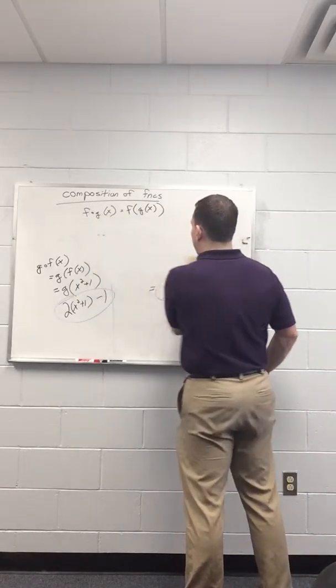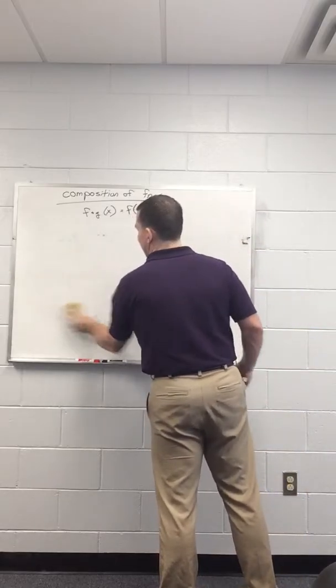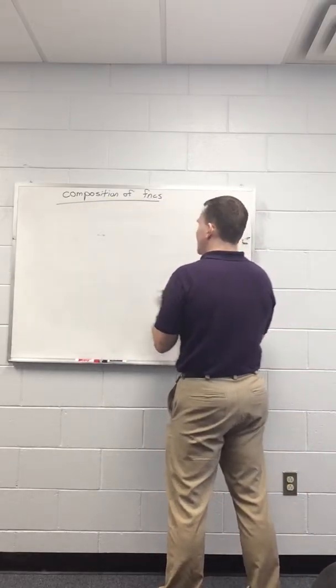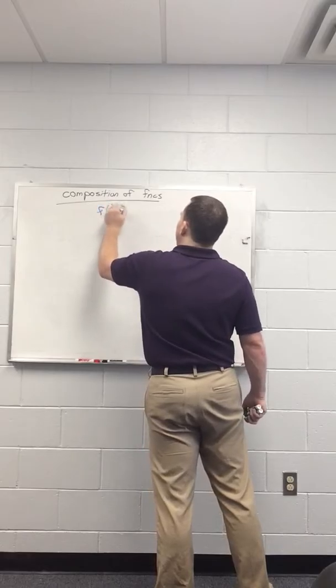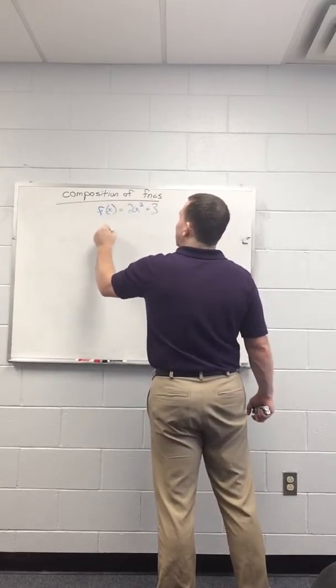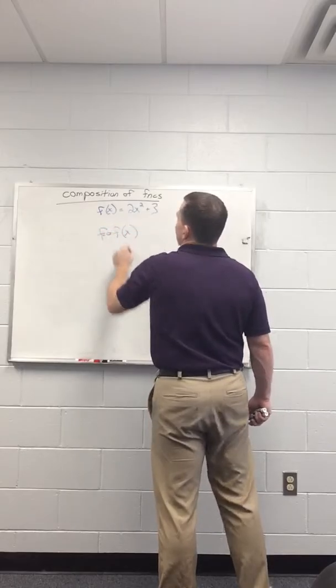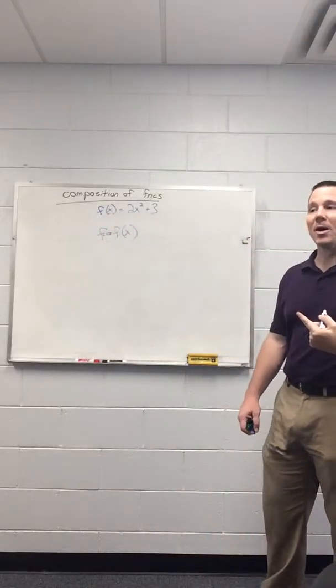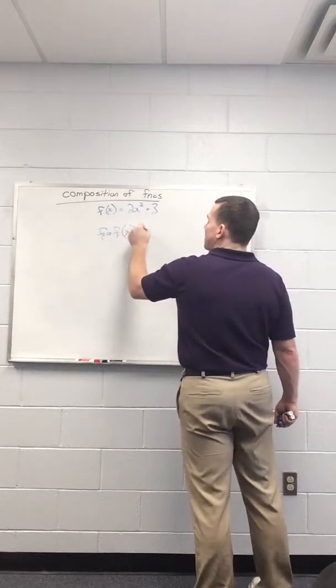But just to make sure we're clear, maybe we'll do one more of these and then be good. So, we'll just use f of x equals 2x squared plus 3. Find f circle f of x. You can compose these however you want. So f circle f of x.